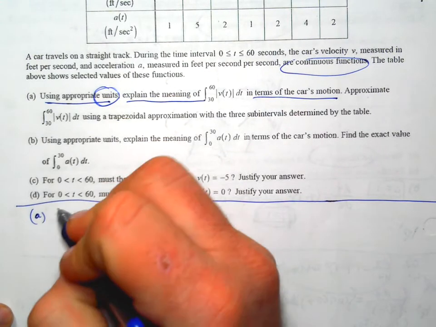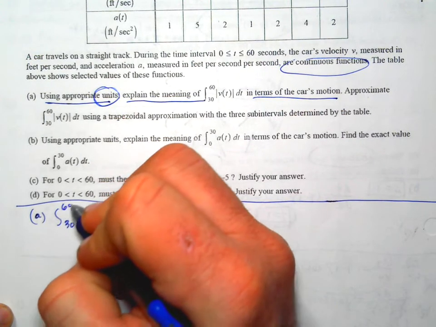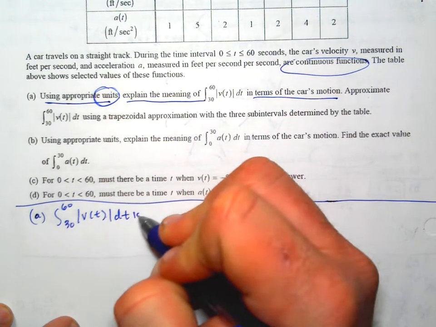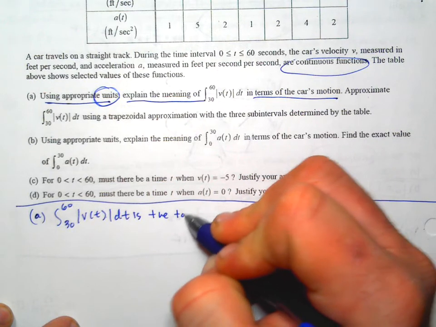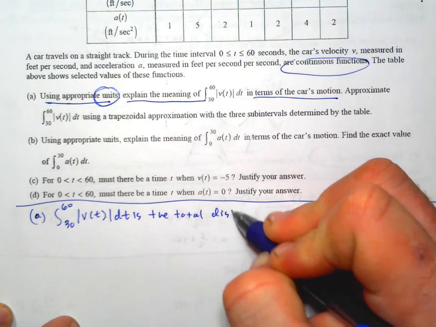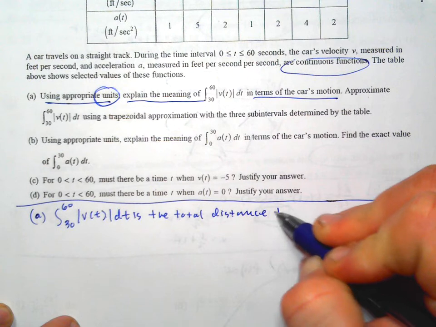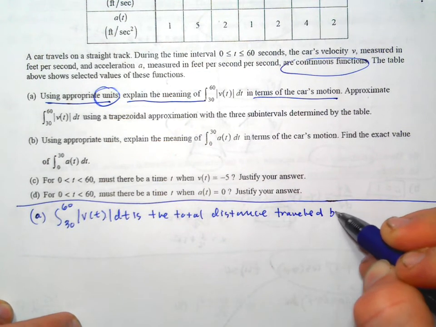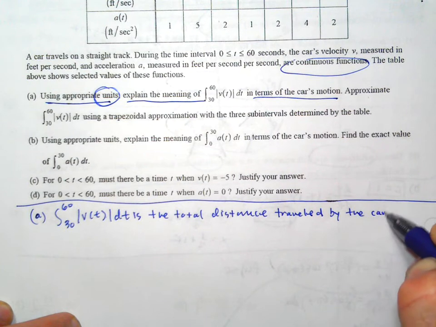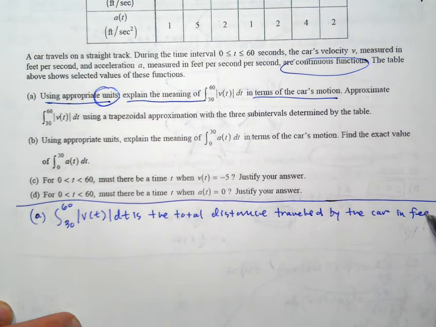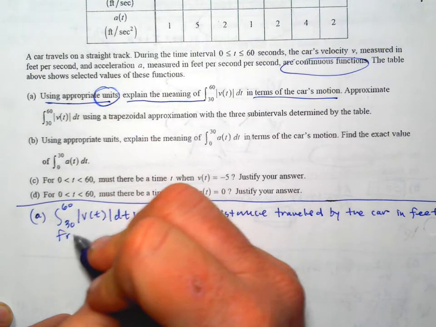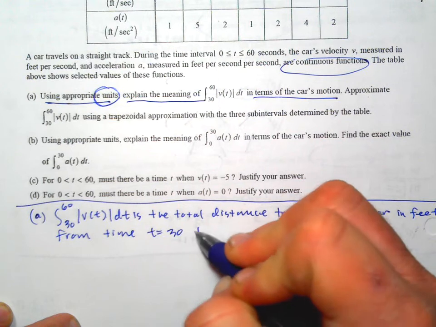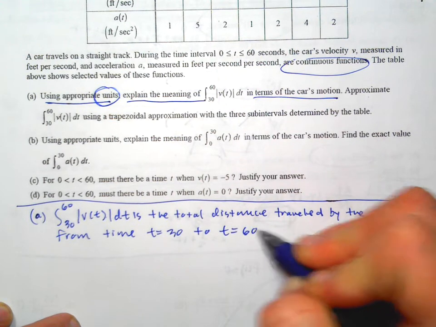So we're going to say the integral from 30 to 60 of the absolute value of v(t) dt is the total distance traveled by the car in feet from time t equals 30 to t equals 60 seconds.